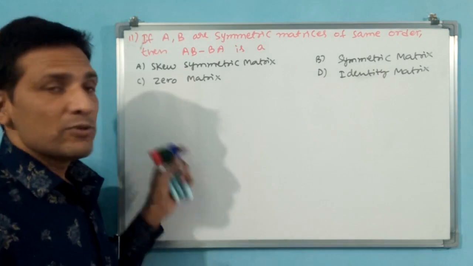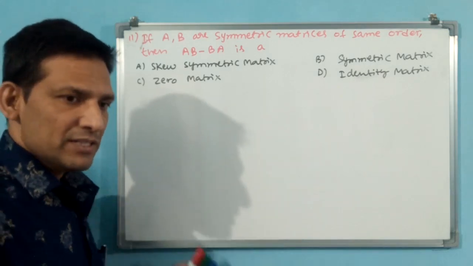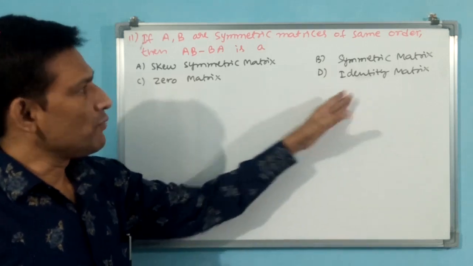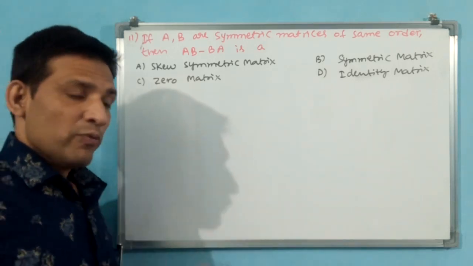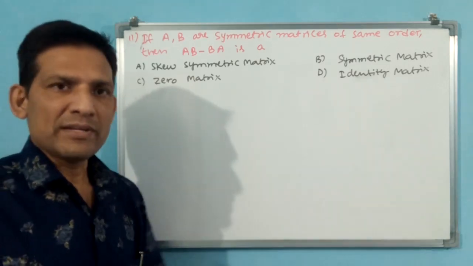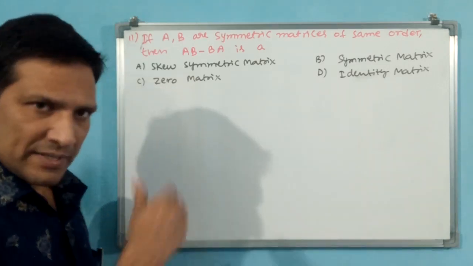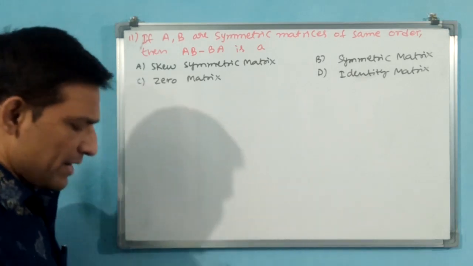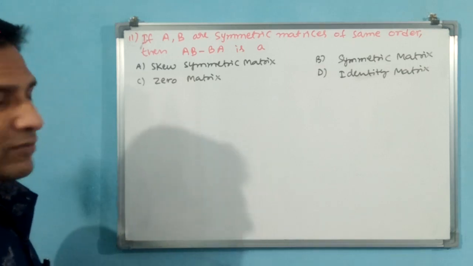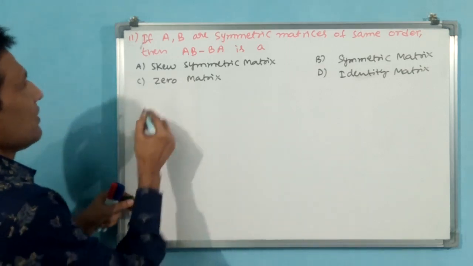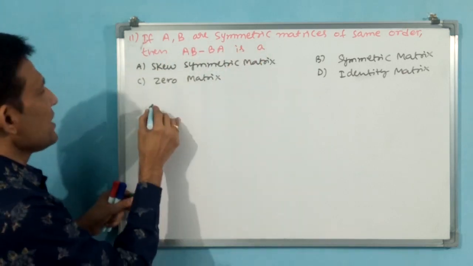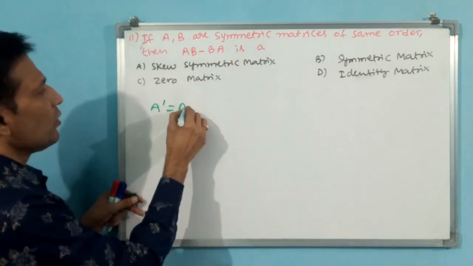First I will do it as per the standard practice, and we will get the result. If you don't know or if you forget this practice in your examination, then we can take one simple example also. One simple example I will do afterwards. But let us do the standard practice. Observe carefully. See, AB minus BA. A and B are symmetric matrices they are telling. That means A transpose is equal to A has to come.